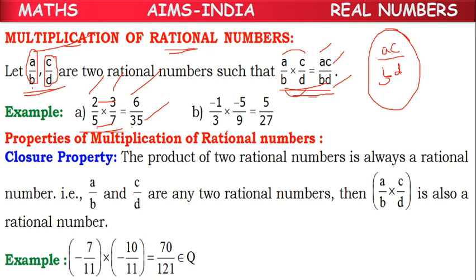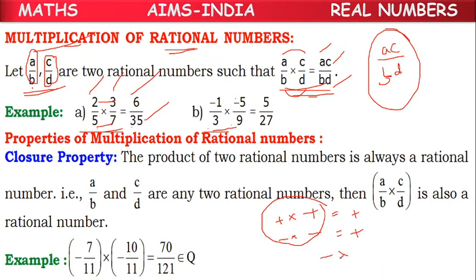Okay. Next, here minus 1 by 3, minus 5 by 9. While multiplying rational numbers, be careful regarding the signs. Plus into plus, plus. Minus into minus, plus. Means if we multiply the same sign an even number of times, then the result will be plus only.